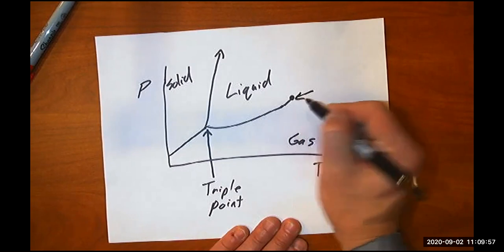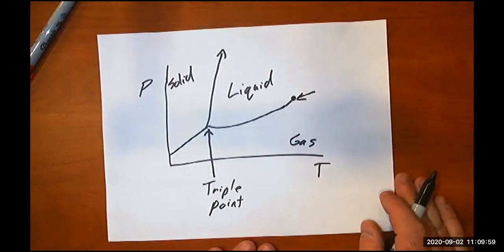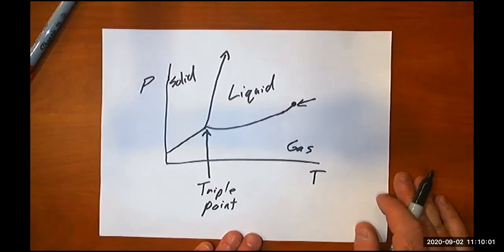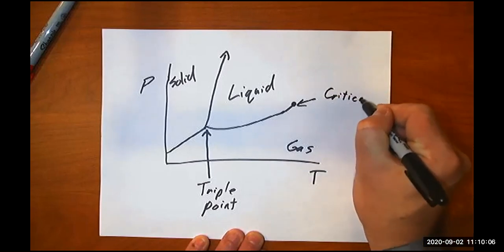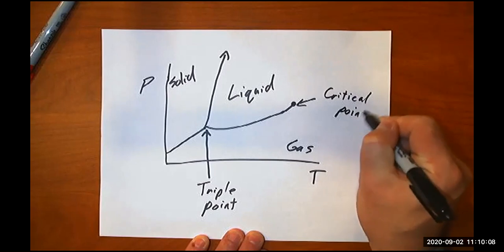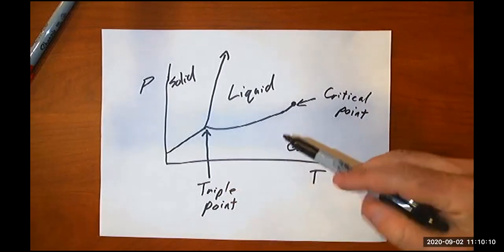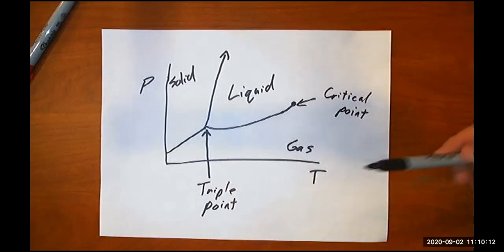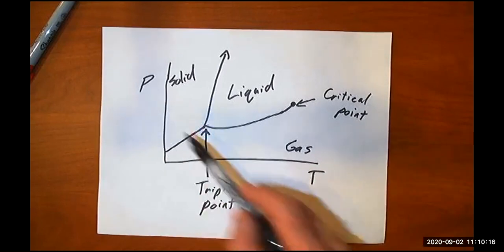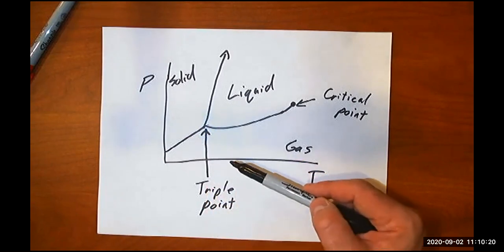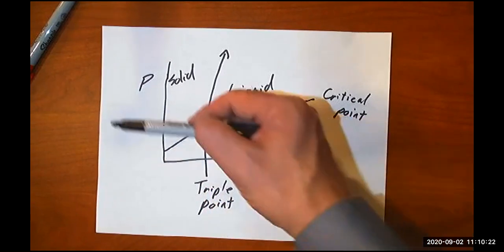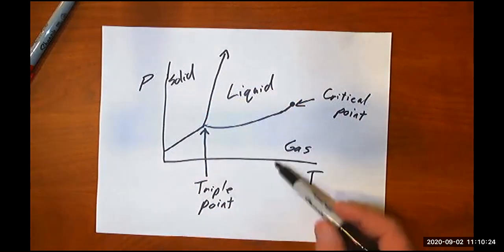What is this point called? Yes, the critical point. Okay. Each line corresponds to two phases being in equilibrium with each other. Here is the equilibrium between solid and gas, and I already said that there is sublimation as you cross it in one direction and deposition as you cross it in the other direction.